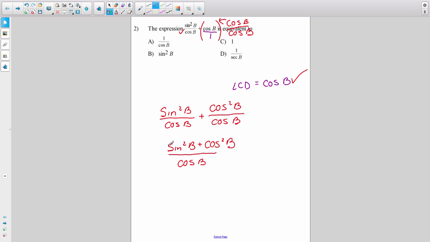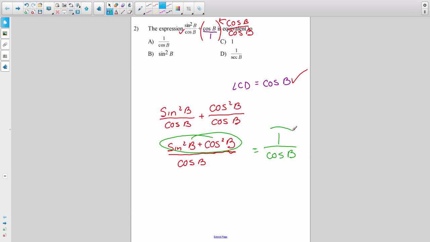Okay, so where are we? Sine squared b plus cosine squared b over cosine b. Sorry, let's go check our Pythagorean identities again and see if this can be reduced to anything or replaced by something. And if you look at your identities, you'll see that sine squared plus cosine squared is really just equal to 1. So that's nice. We still have cos on the bottom.